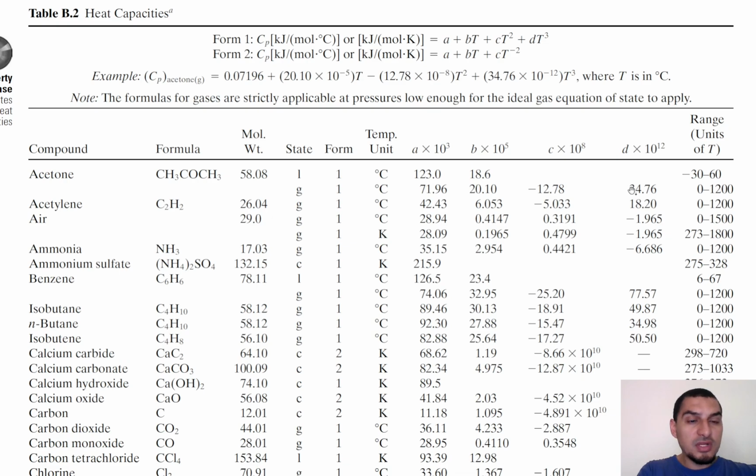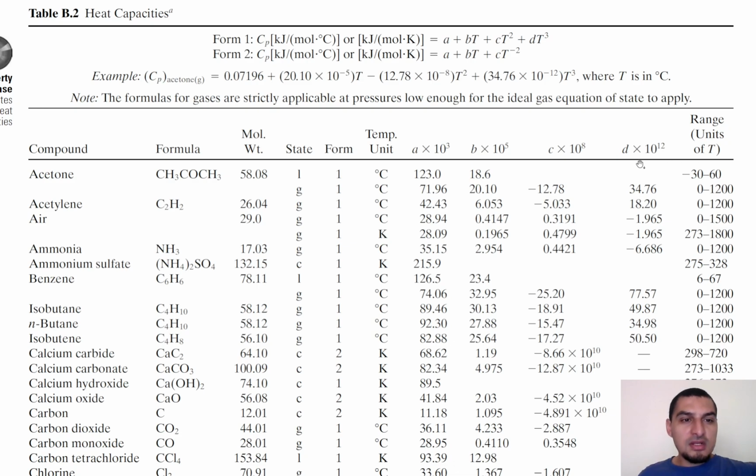So the T power 4, if let's say it's 300 degrees Celsius in this case, so it's 300 power 4, this is going to be 10 power 8. If you multiply 10 power 8 by 10 power 12, this is going to be 10 power 20. So this is going to give you a huge number of enthalpy, which is not logical.